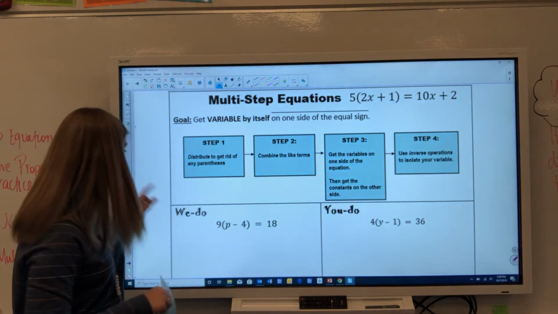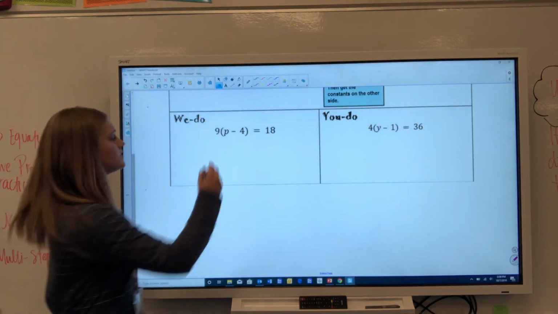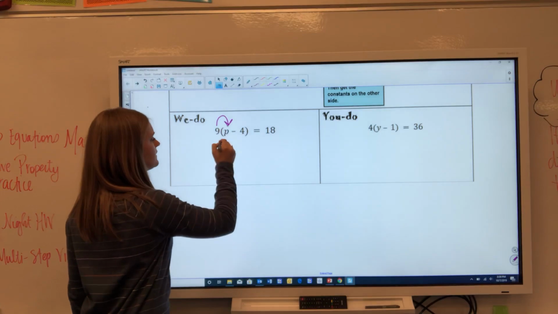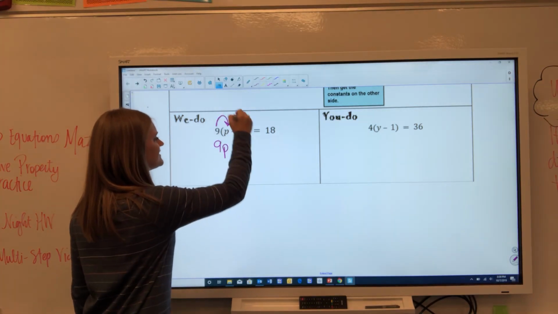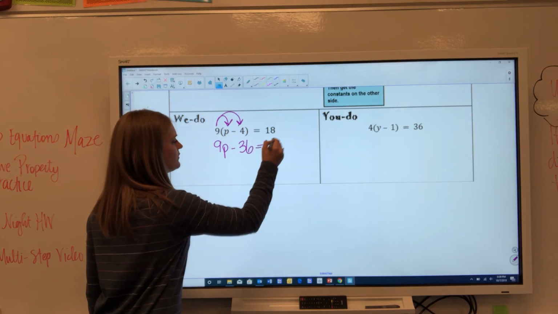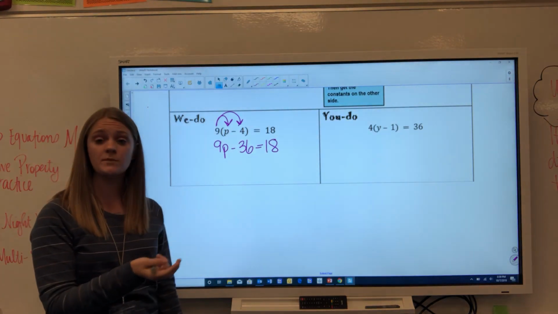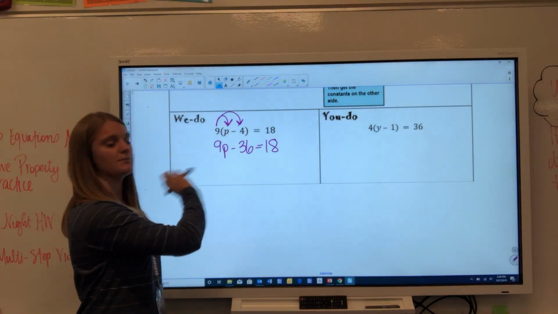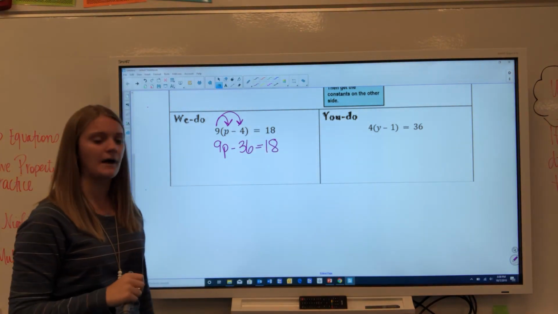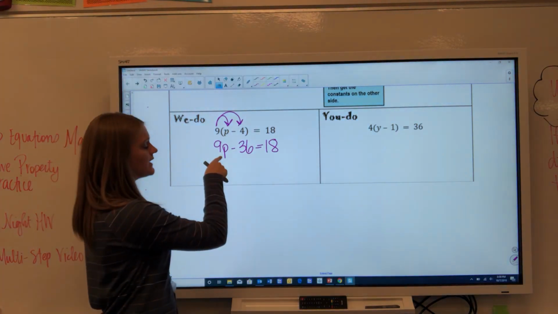So let's do the first example. I'm going to distribute first: 9 times p, 9p, 9 times -4, -36, and that is equal to 18. In this scenario, I don't have to combine like terms because on the left side, there's nothing to combine, and on the right side, there's nothing to combine. So I'm just going to solve my two-step equation. I want to start on the side of the variable.